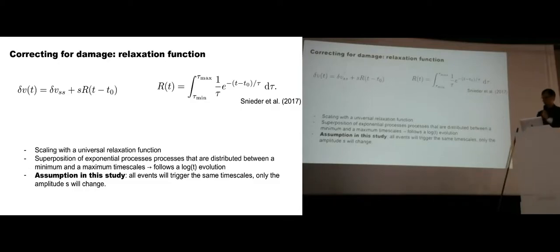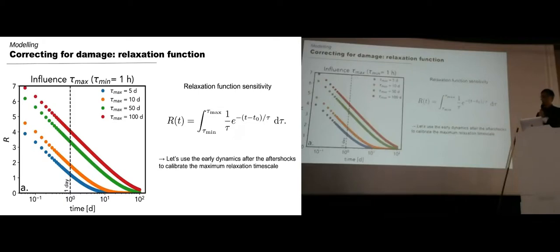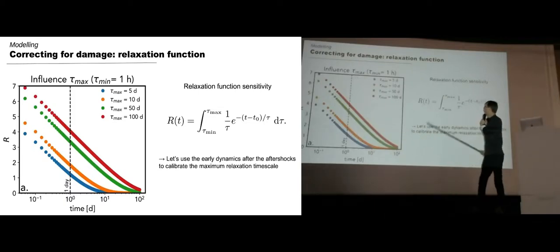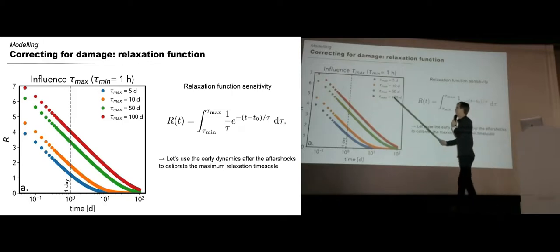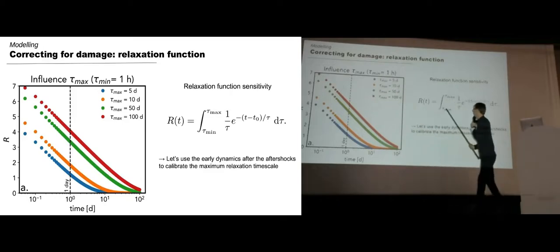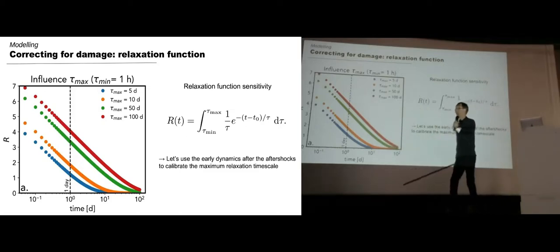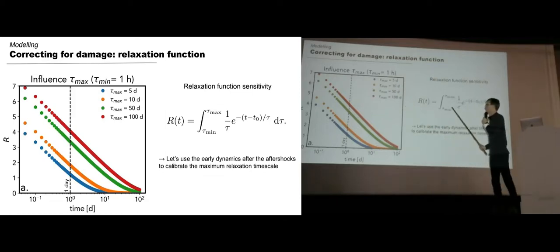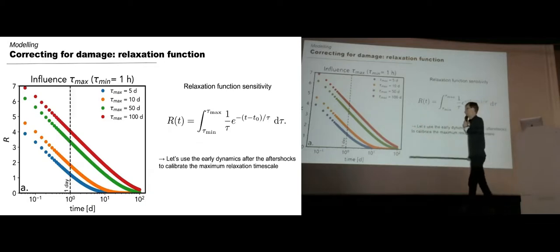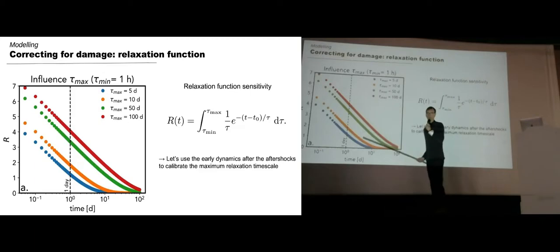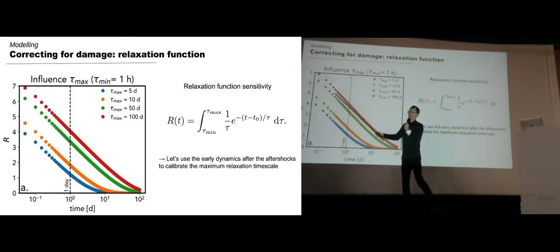So the goal is to come up with one consistent timescale. Just to show how the model responds to changes in the parameters, we keep the minimum timescale at 1 hour, because that's the time resolution that we have, and we couldn't measure anything below anyway. But we just vary the tau max, the maximum timescale, so the longest timescale of recovery that we can see in the system. And then we see that the decay takes longer, and also the amplitudes change.